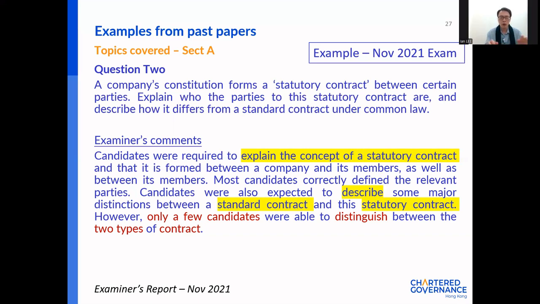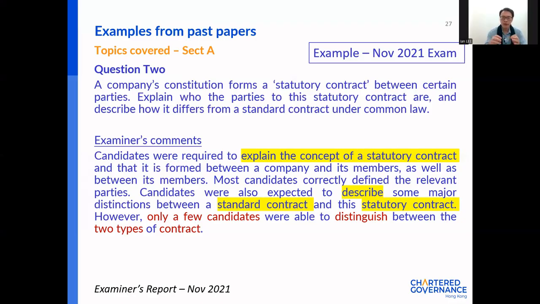And as I mentioned before, with the statutory contract, when I sell my shares to someone else, that new shareholder becomes party to the statutory contract and is bound by the obligations in the articles. Whereas under a standard contract, we sign a contract, and the rights and obligations are between the two of us.